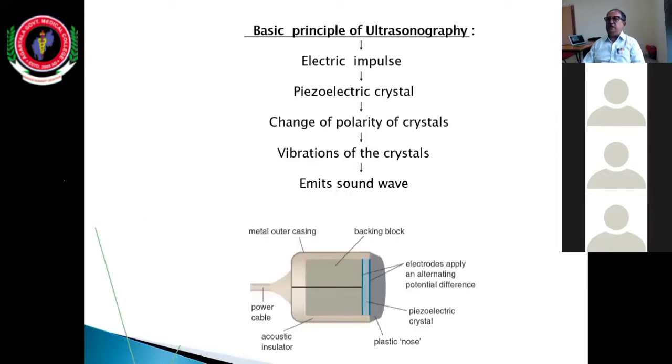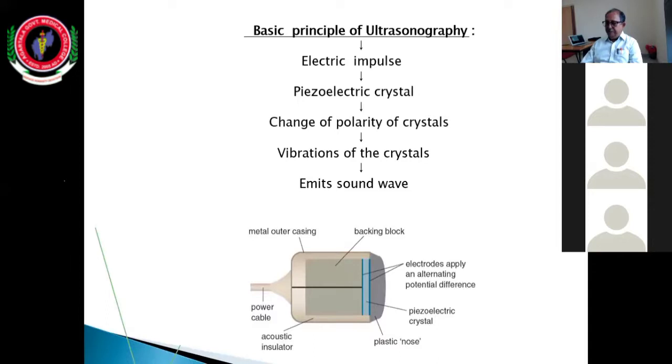Now come to the basic principle of ultrasonography. When the electric impulse hits the piezoelectric crystals, there is a change of polarity of the crystals, resulting in vibration of the crystals, and this vibration of the crystals emits the sound wave.